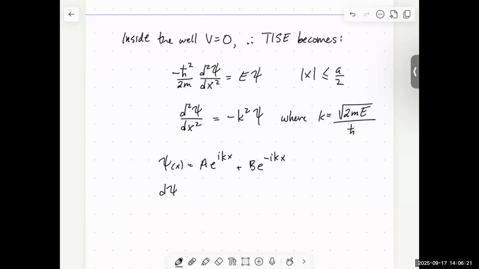We can take one derivative with respect to x, we'll get an ik a e to the ikx, and then a minus ik b e to the minus ikx. If I take a second derivative, I get another ik coming down, so I get i squared k squared, that's minus k squared.